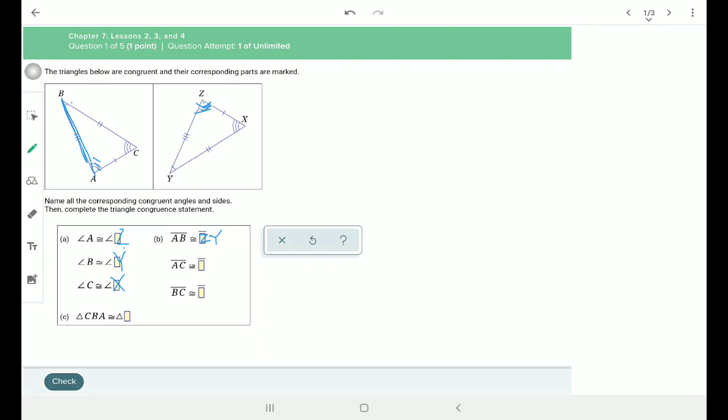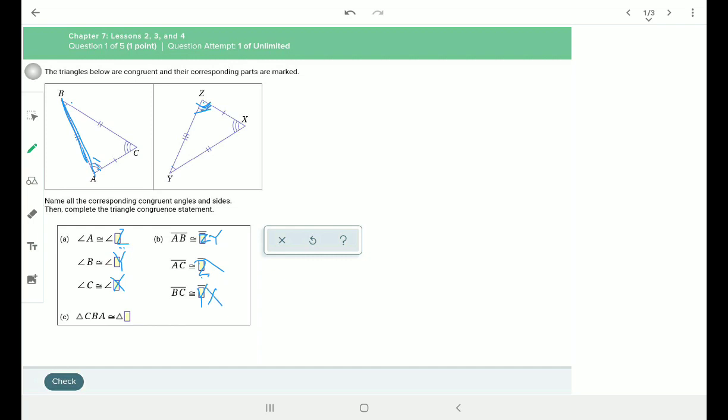Angle AC would have to go from, well, angle A is Z, so that must be from Z to, and then C is X, so ZX. And then the last one for part B, from BC, well, B is Y and C is X. Right, so that's a nice easy way.